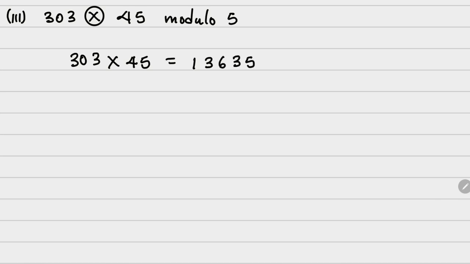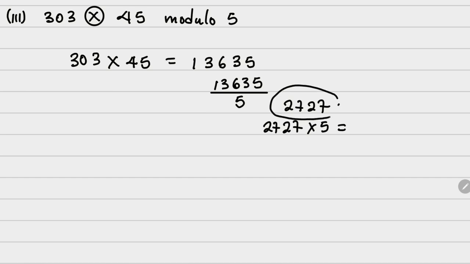Now I have to change this. Remember what I said? To take it to the simplest form, of course, you divide by 5. Now this will give you 2727. Of course, 2727 times 5 is still, because there is no remainder, going to give you 13,635.